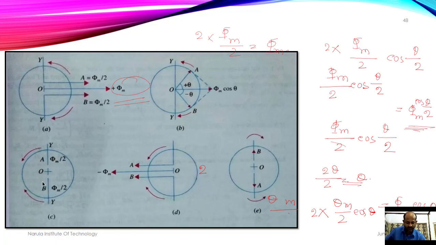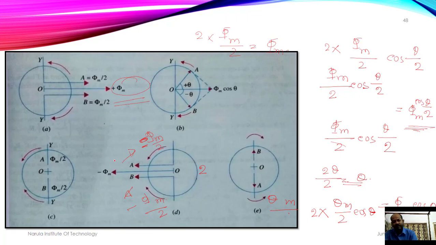Now, after a half cycle, from here this has started. So after a half cycle means this position, it is again phi m, because this A equals minus phi m by 2, and this B is also in the negative direction, minus phi m by 2.